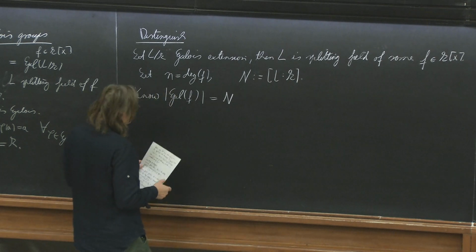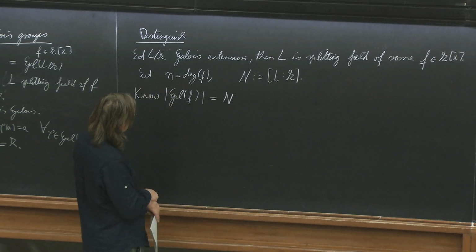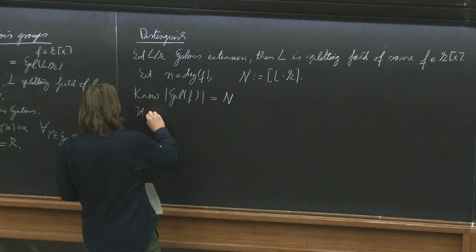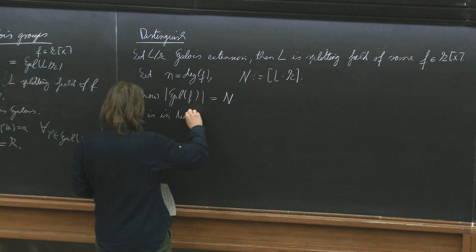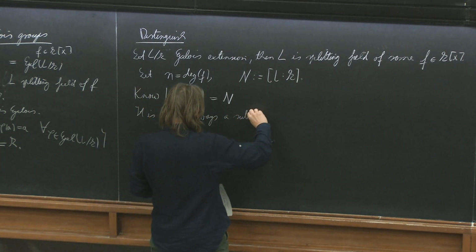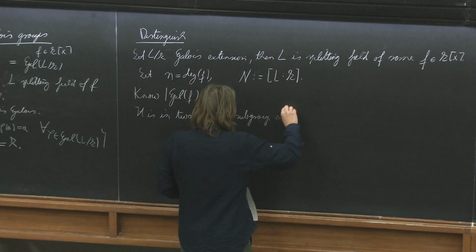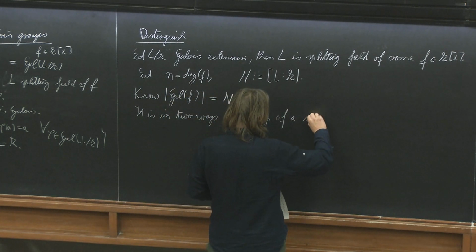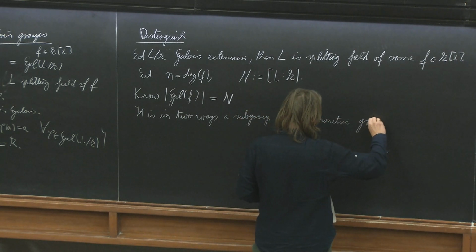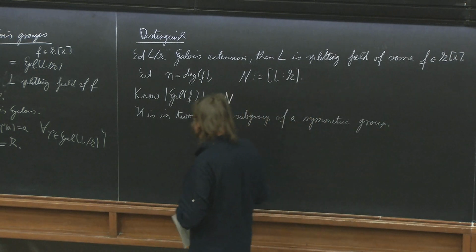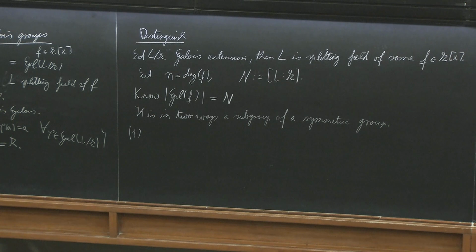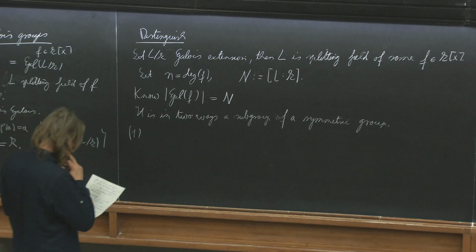So we can view it in two ways as a subgroup of a symmetric group. The first one is the one which one usually uses, which is the most useful one in concrete cases.